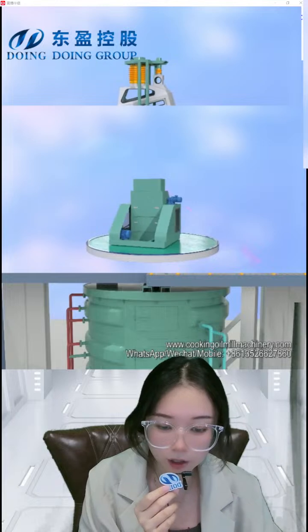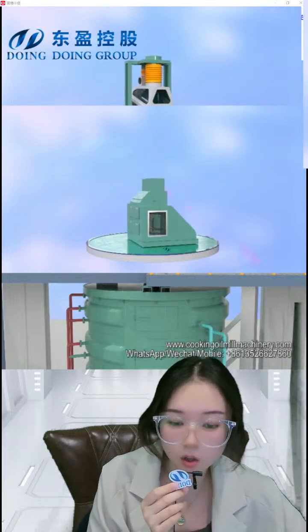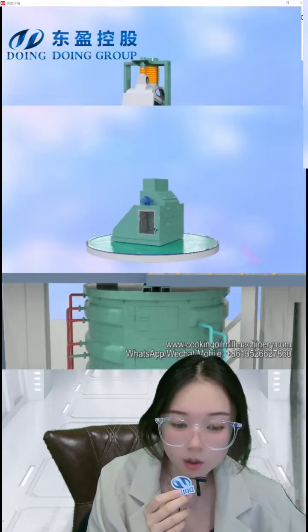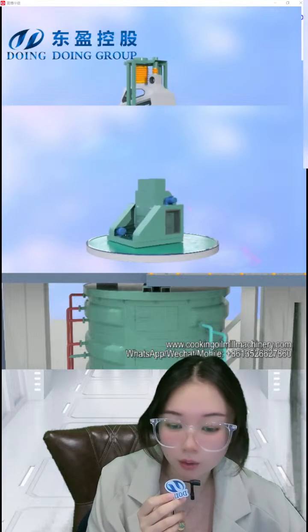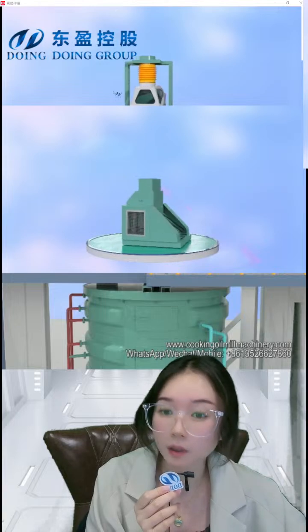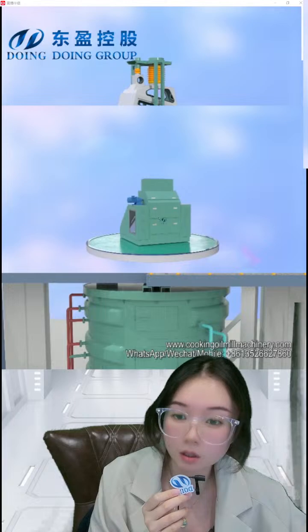This cracker can not only crush the shell, but also has a certain crushing effect on the kernel. After splitting the kernel and shell, the oil yield can be improved.